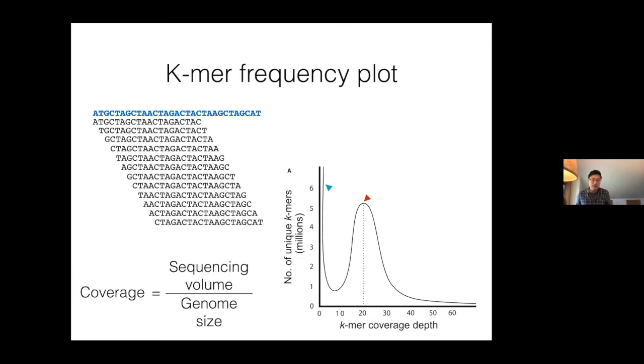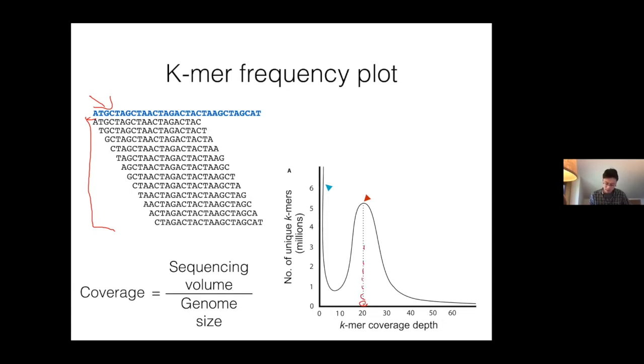Another way to estimate genome size is from the sequencing data by generating a k-mer frequency plot. This is a series of k-mers coming from the sequencing reads. The way a k-mer frequency plot works is you count how many times each k-mer appears in your read pool. If it appears exactly 20 times, you will place it here, right?